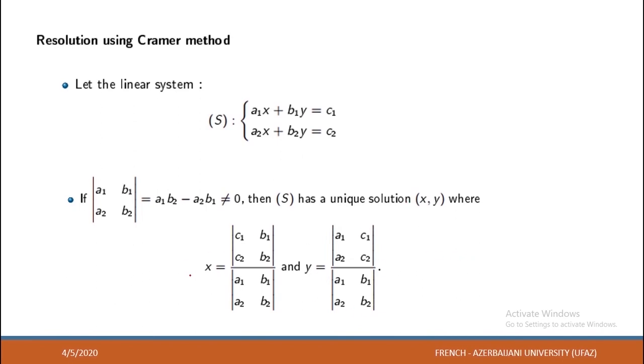When we calculate the value of x, in order to get the determinant in the numerator, we replace a1, a2 with c1, c2 in this determinant. When we calculate the value of y, in order to get this determinant, we replace b1, b2 with c1, c2 in this determinant.